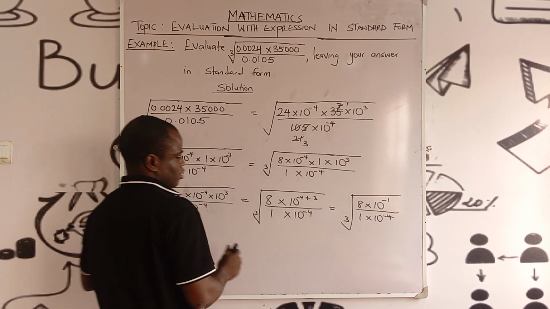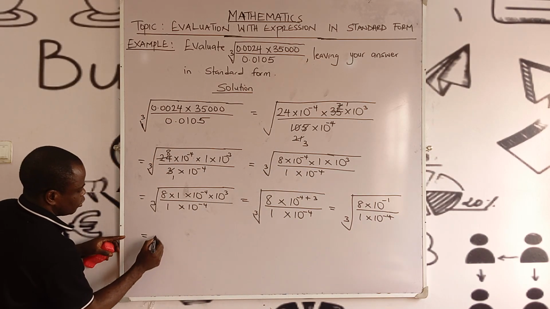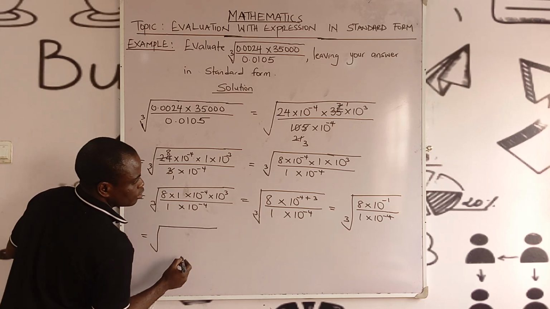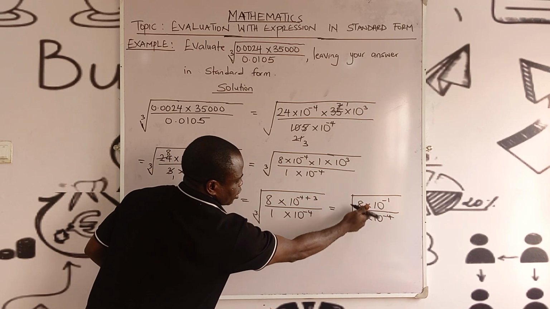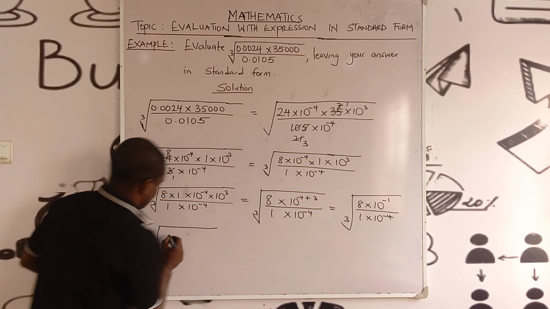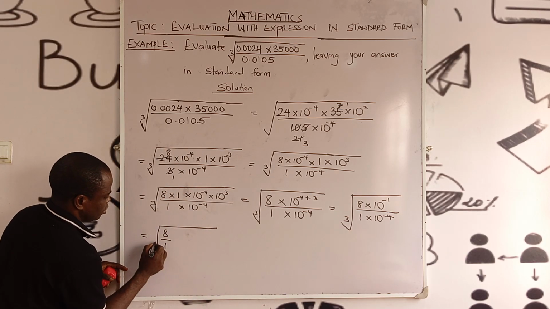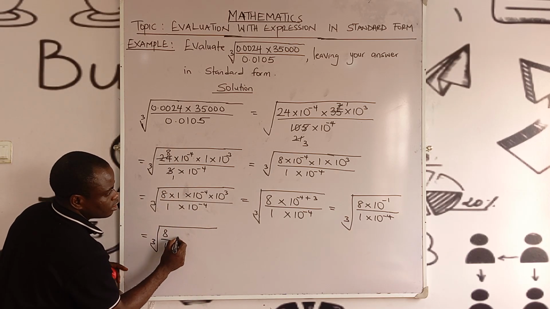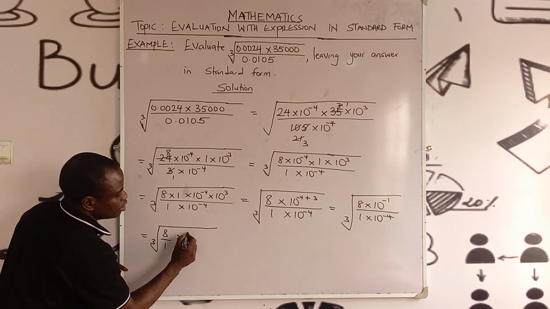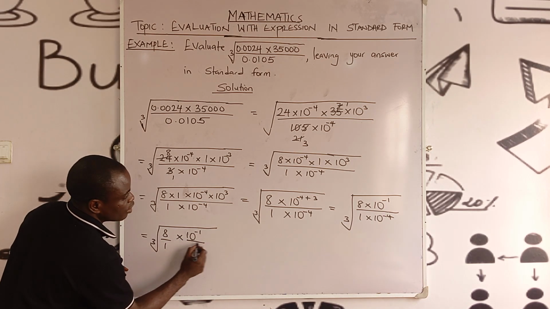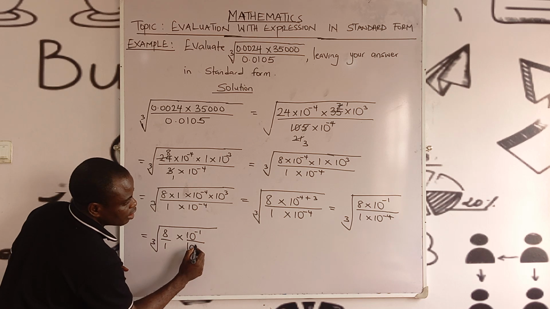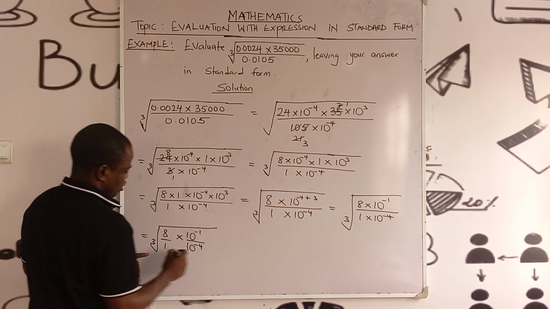Now let's separate them: 8 divided by 1 on one side, times 10 raised to power minus 1 over 10 raised to power minus 4.